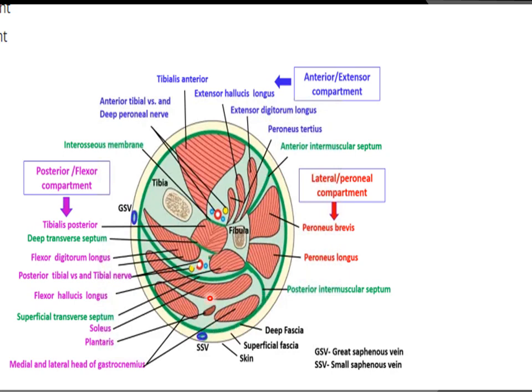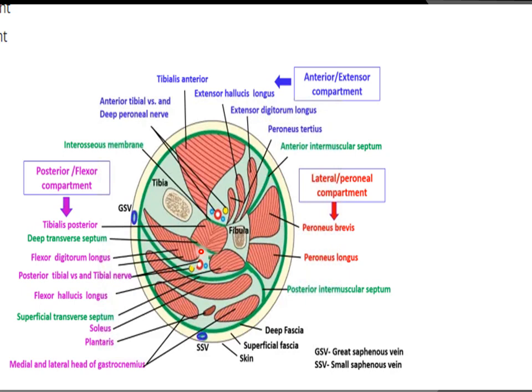The posterior compartment of the leg is subdivided by two strong fascial septa into three parts. Number one, the superficial transverse septum, as you can see, and the deep transverse septum.